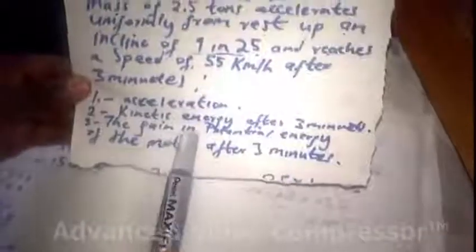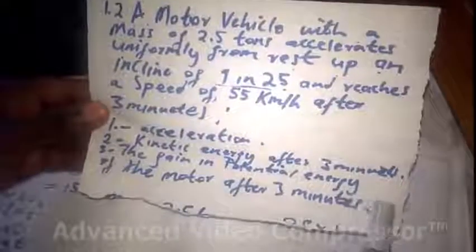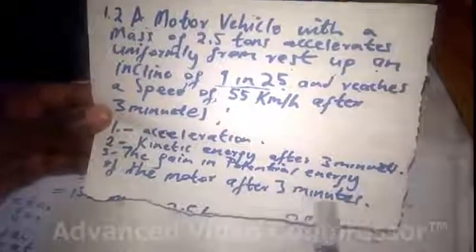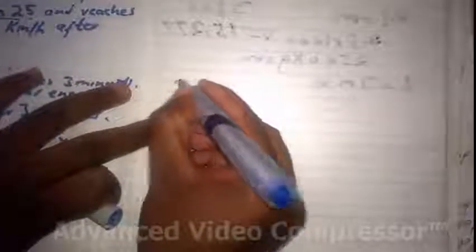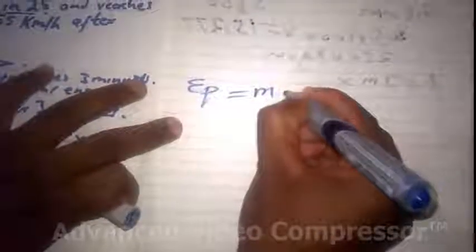And remember, our question says we must look for the gain in potential energy of the motor after 3 minutes. In order to find our potential energy, let's write the formula. The formula for potential energy is EP equals mgh.